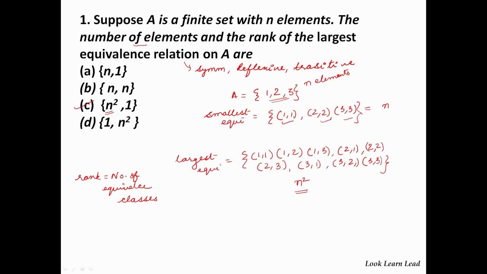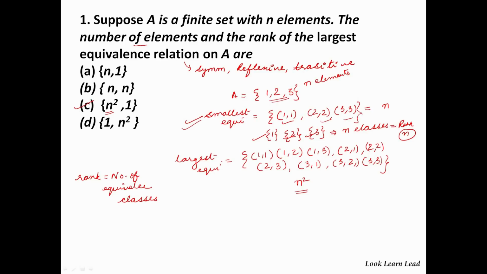Here 1 is related to only 1, so we place 1 in a different class. 2 is related to only 2, so we place 2 in a different class. 3 is related to only 3, so we place 3 in a different class. So we have 3 equivalence classes, that is n classes. So rank is n for the smallest equivalence relation.